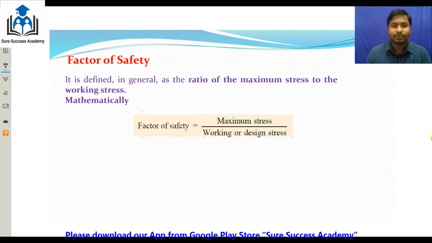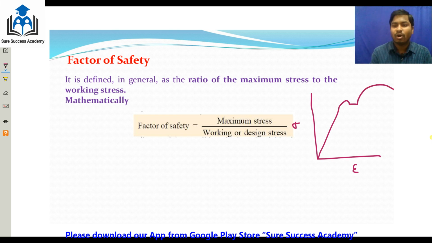What is the factor of safety? Factor of safety is defined as the ratio of the maximum stress to the working stress. Suppose you are making this stress and strain diagram for mild steel.